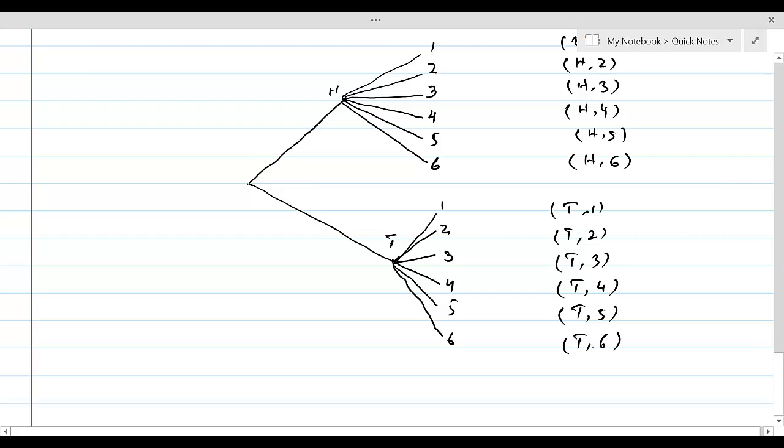The set of all these possible outcomes will be called a sample space that we are going to study later when we start probability. But this is what is called the tree diagram for the flip of a coin and throw of a dice. So this is the starting point.